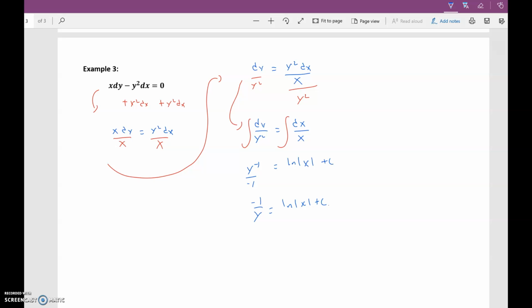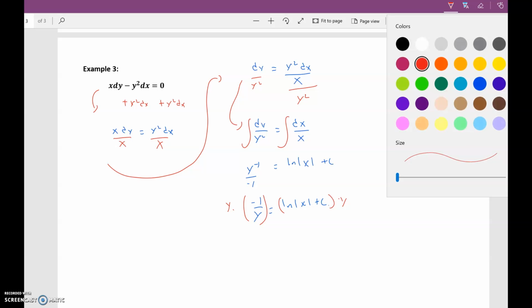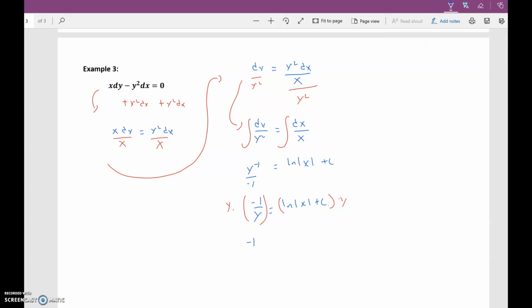And what I'm going to do is, let me solve it completely for the y's. So multiply times y and times y. And this is giving us negative 1 is equal to the ln of the absolute value of x plus c times the value of y.